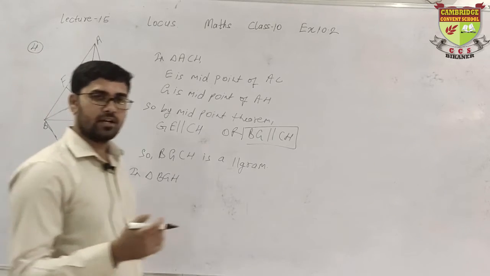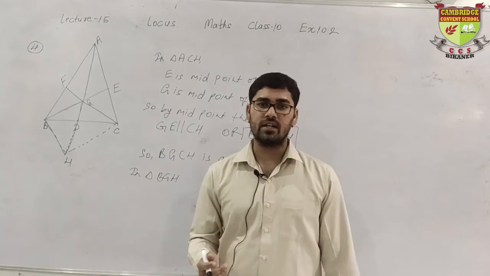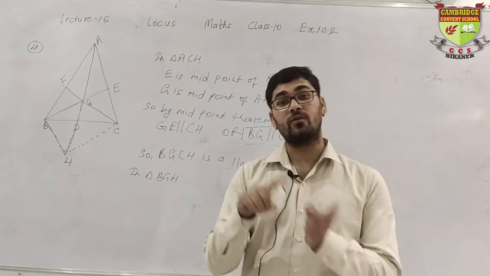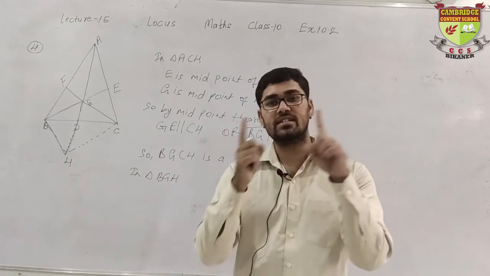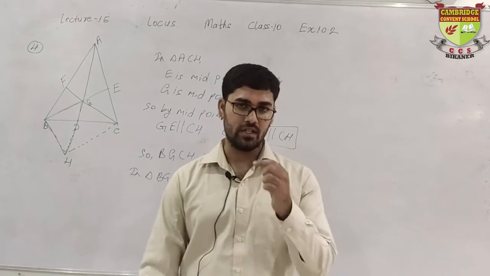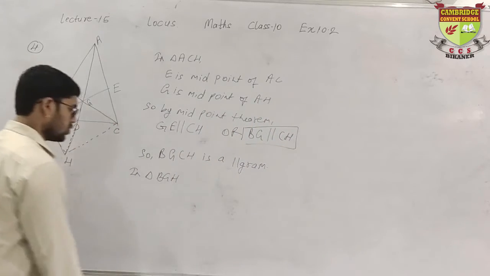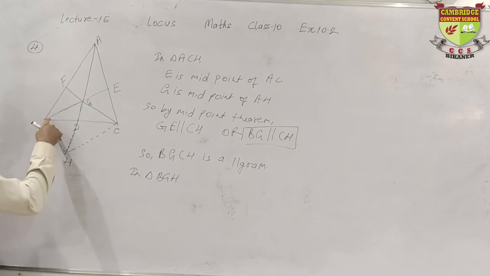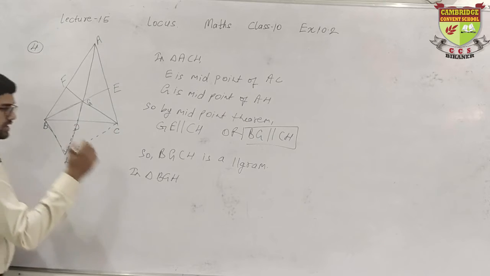See, in the previous lecture I told you about a theorem. What was that? The theorem was, in a triangle, the sum of two sides is always greater than the third side, right? If you remember. So see, the sum of two sides, I add any two sides of this triangle like BG and GH.